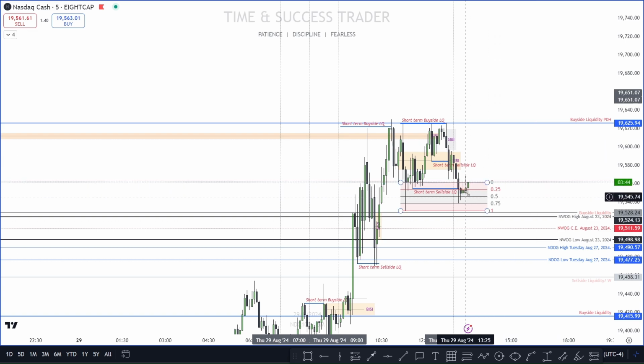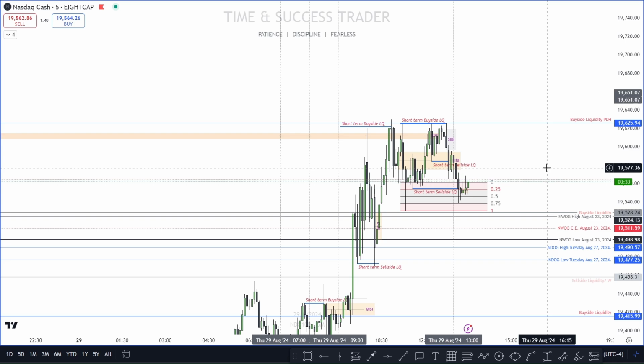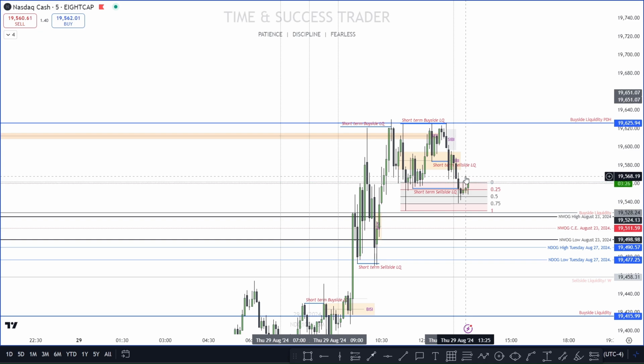Came with this candle and we wicked out completely out of this CB right here, between here and here. We didn't close above it, so we need a closure above this candle of which is 1325.